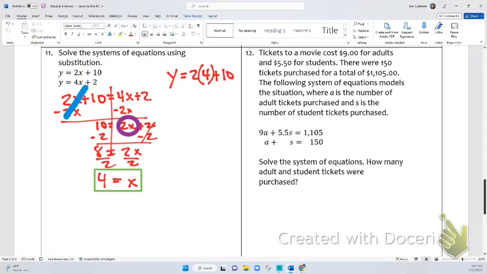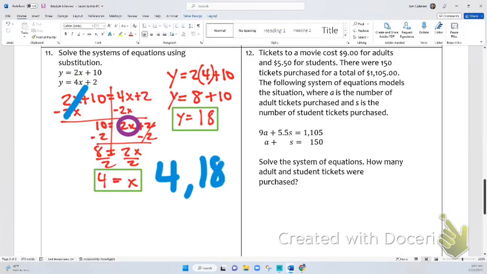So you'll notice that I'm just substituting it in here. So this gives you an 8, this gives you a 10, and 8 plus 10 gives you 18. Once again, please make sure you write your answers in ordered pairs. It makes it easier for me and my Mr. Rogers to see. So the x value goes first, that's the 4. Y value goes second, that's your 18.